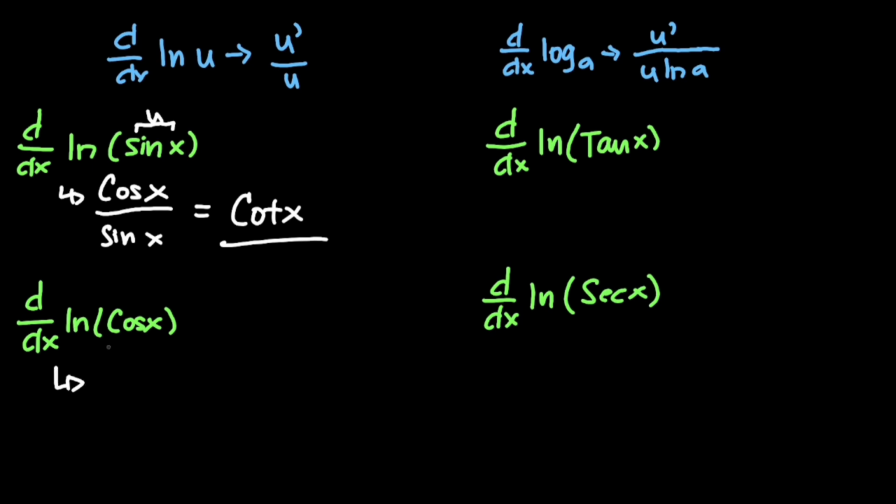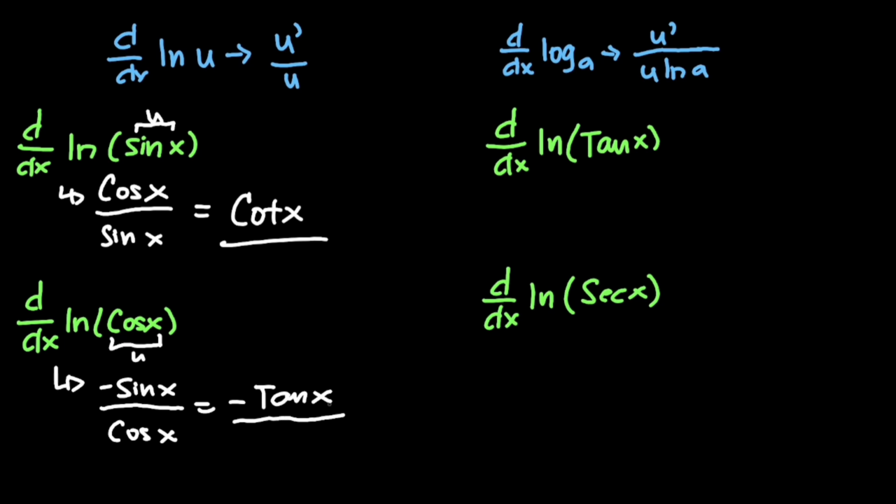Now, the derivative of natural logarithm of cosine of x. Firstly, take the derivative of cosine of x, which is negative sine of x over u, which is cosine of x. The final answer here would be negative tangent of x based also on the trigonometric identities.